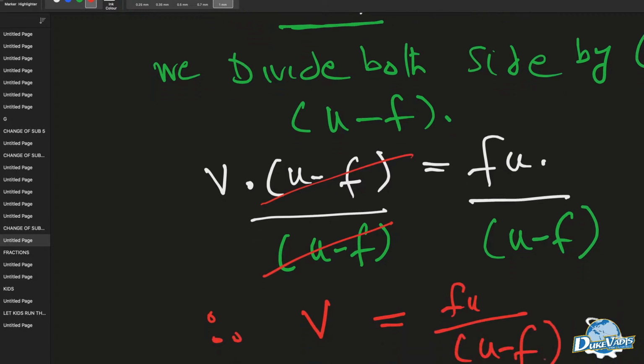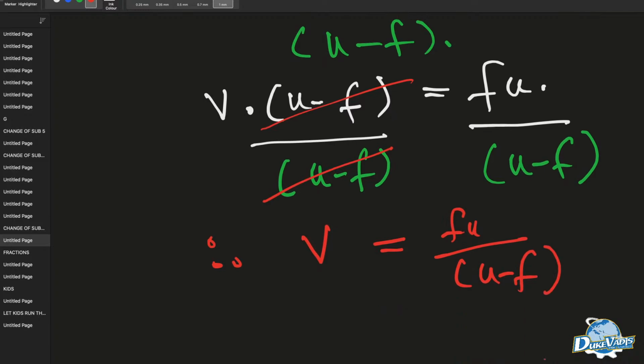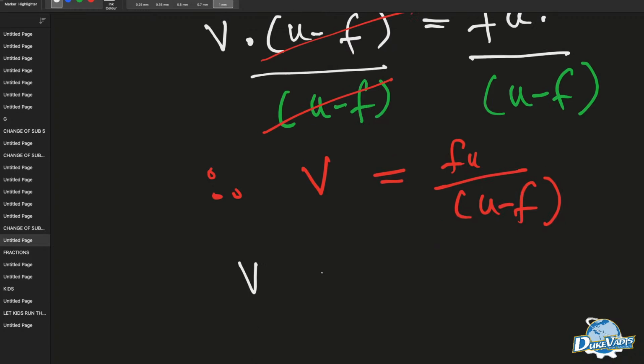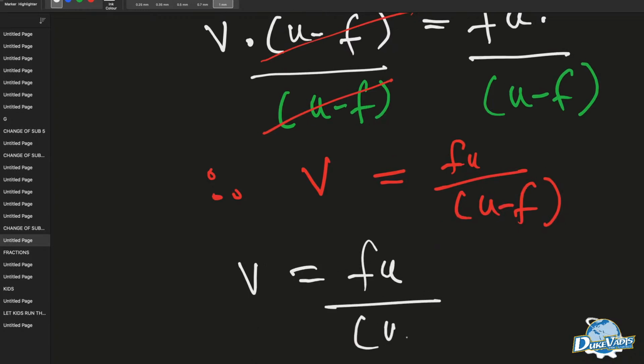So you see, we have made v the subject. You see, so our equation now has become so easy. So we have it, v is equal to fu all over u minus f.